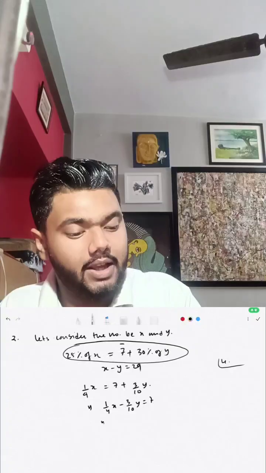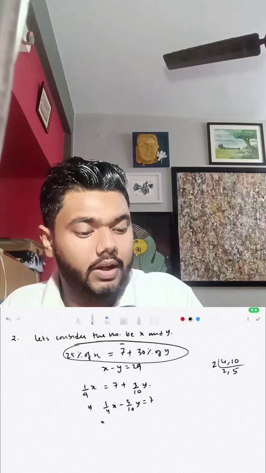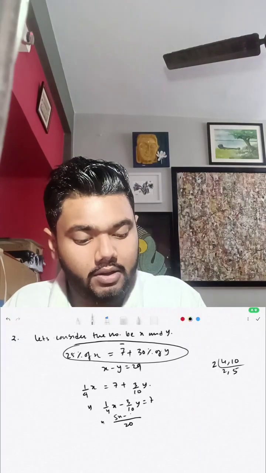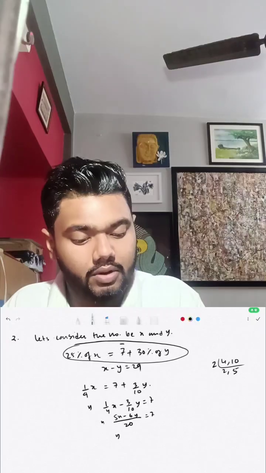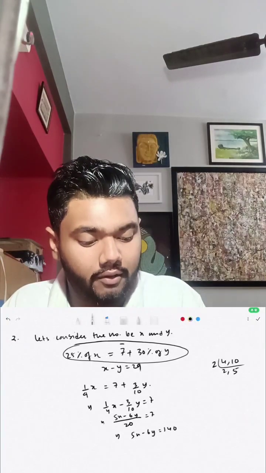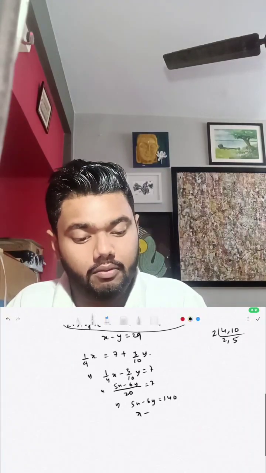So if we take the LCM of 4 and 10, with 2, 2 and 5, we get 20. So 5x minus 6y equals 70. 5x minus 6y equals 140.